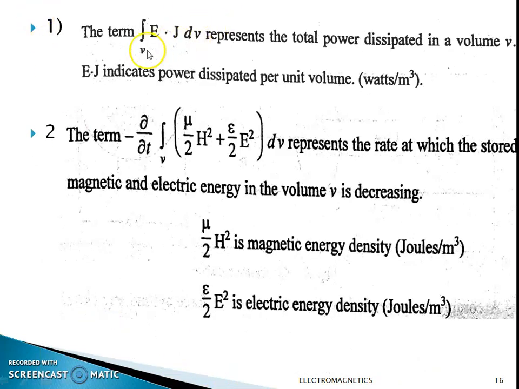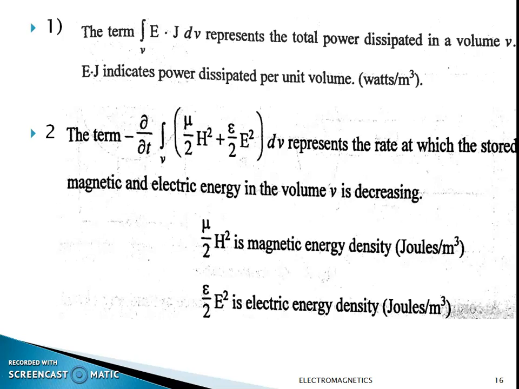So the term volume integral E dot J dV represents the total power dissipated in a volume V, and E dot J indicates the power dissipated per unit volume. The next term, minus dou by dou T of volume integral half mu H square plus half epsilon E square dV, represents the stored energy in the magnetic field and also the electric field.